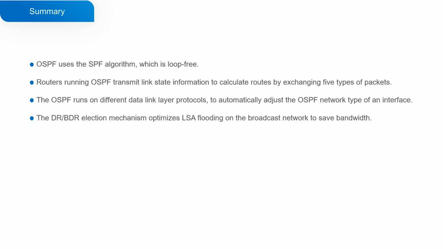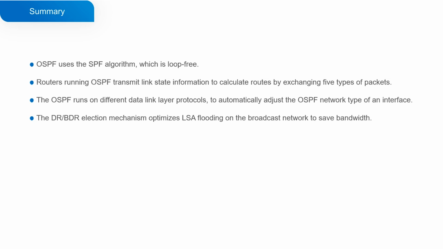So the last is that the DR-BDR election mechanism optimizes the LSA flooding on the broadcast network to save bandwidth. Actually, we know OSPF is very famous in the industry, but OSPF also has some problems in our network. So we need to elect the DR-BDR and we need to do the area division. These actions can help us manage and optimize the OSPF mechanism.